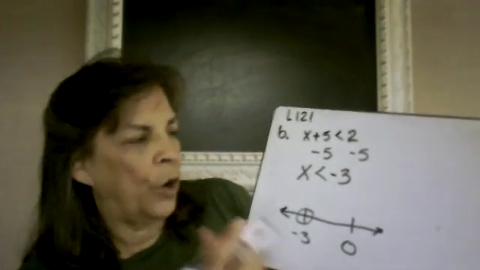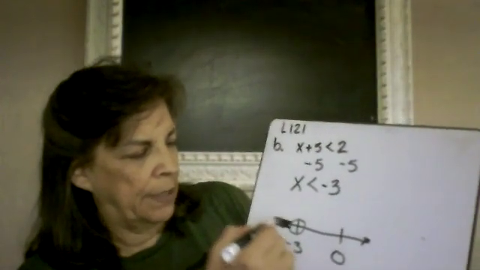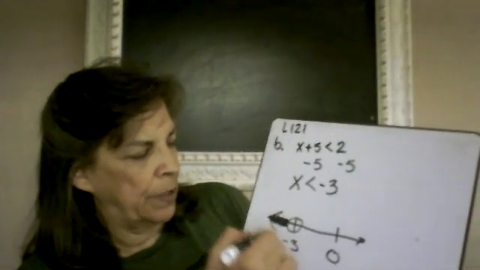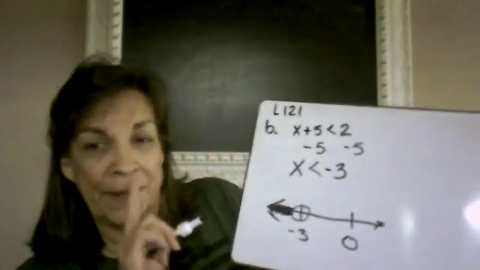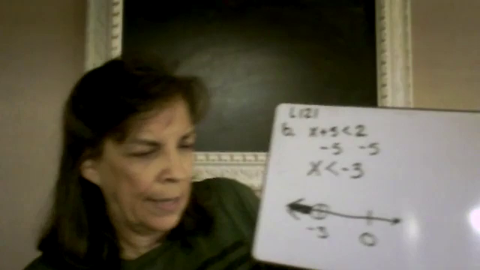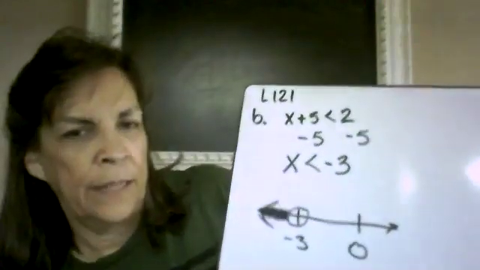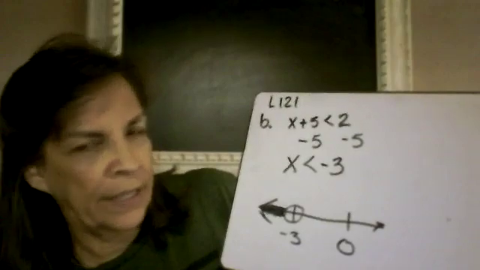And then I want all numbers less than negative 3. So I would say all the numbers on this side. So this is my graph of what that is. And I believe in the book that has the graph and the answer x is less than negative 3.